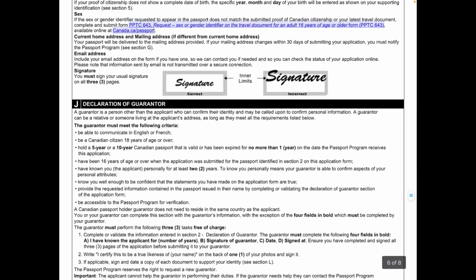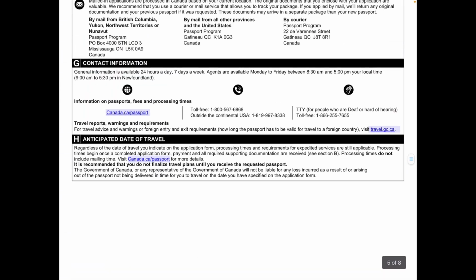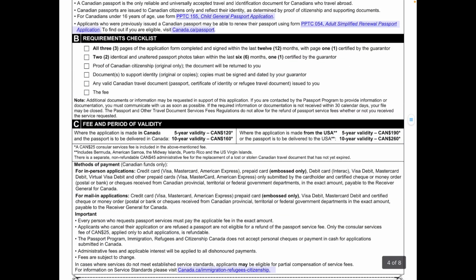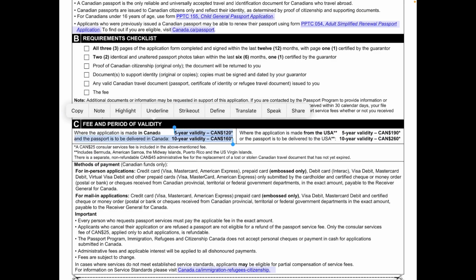Let me just see if I can find how much exactly. Okay, here. The 5-year option is $120 and the 10-year option is $160. So there's only a $40 difference. If you have the money, I highly recommend you go with option number 2, the 10-year passport. It is a bit more cost effective if you ask me, because the difference is only $40.